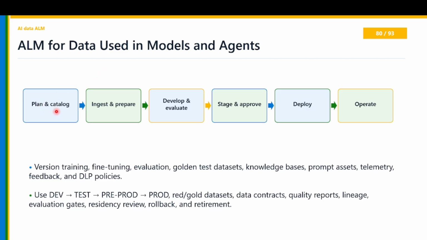The beginning of the life cycle of AI data ALM is plan and catalog. So plan the database, plan and catalog based on the platform you are deploying to. If you are using Dynamics 365 as your integration, your agentic AI memory should be Dataverse. Your state should be Dataverse. Dataverse will be used to store the context, store the output, and the entire operation.